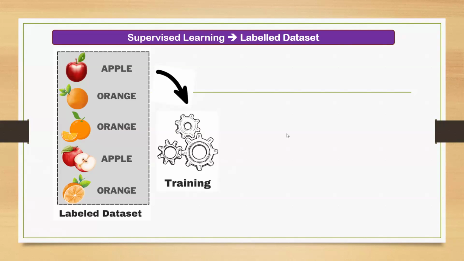Okay, so another question says, what type of learning is used for robots? So robots can use any combination of learning, depending on what that robot is supposed to do. The tasks of robots are numerous and different.